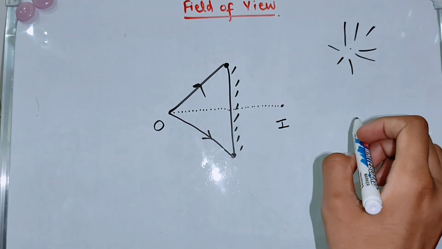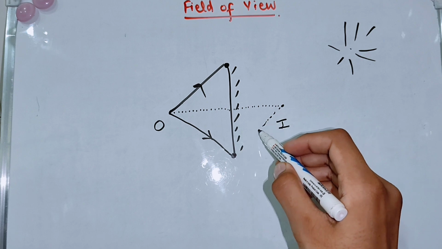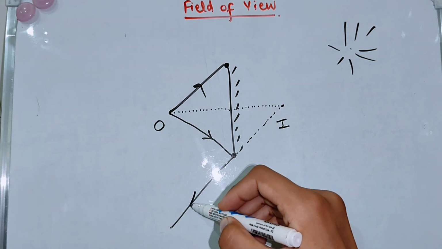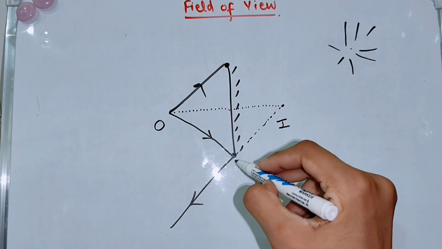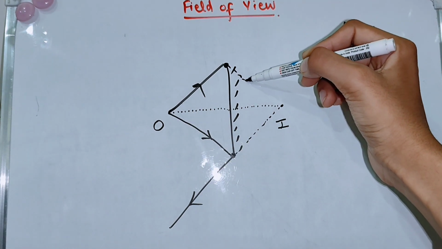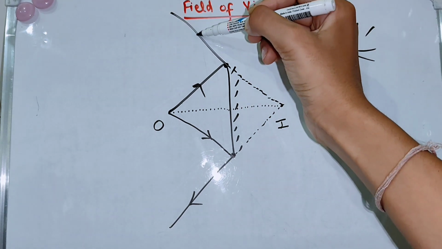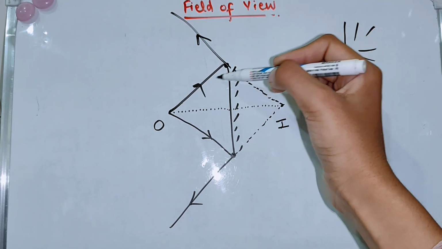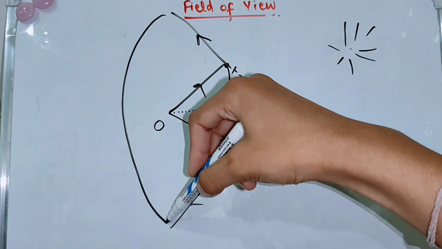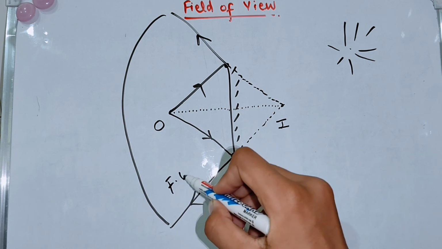This is the image, and now I'm going to connect it over here. This is nothing but the reflected ray. Look, this got reflected like this, and similarly I'm going to connect this point to this point, and we are going to get the reflected ray of this incident ray. Now this whole region is the field of view.